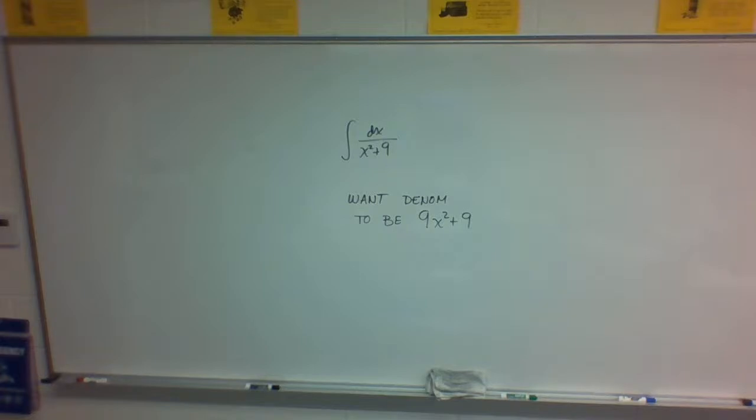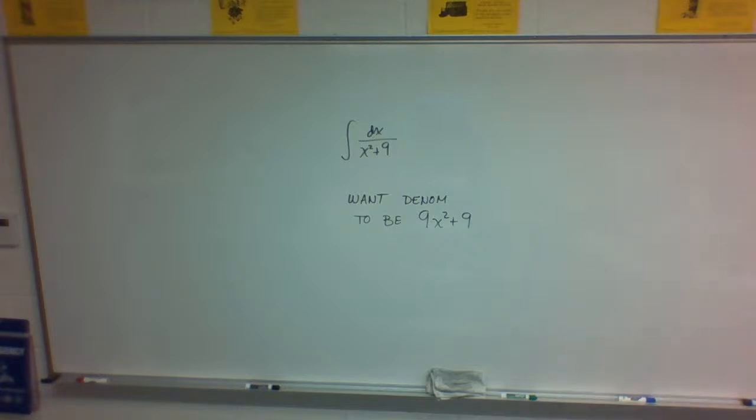So what we really want is for x squared to be 9u squared. We want to be able to replace x squared with 9u squared plus 9, because if we had 9u squared plus 9, we could factor the 9 out.